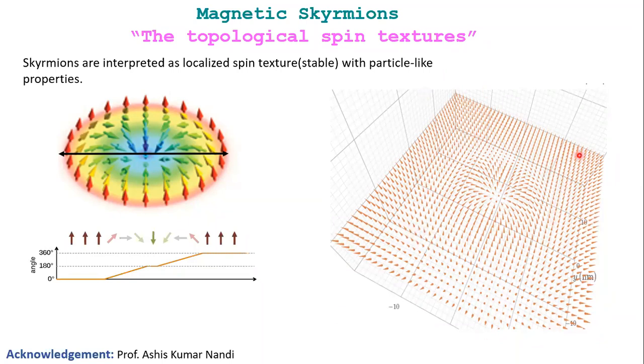This state in a magnetic material is called a skyrmionic state, and the skyrmion is the most important among all the textures, because a skyrmion is more stable than any other texture, and it has particle-like properties which can be used as information carriers in modern technologies. And also skyrmions have several substructures which can be used simultaneously in a magnetic system, and to access those substructures we have to play with those kinds of interactions in our system.